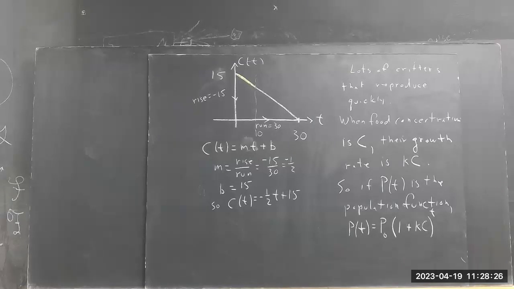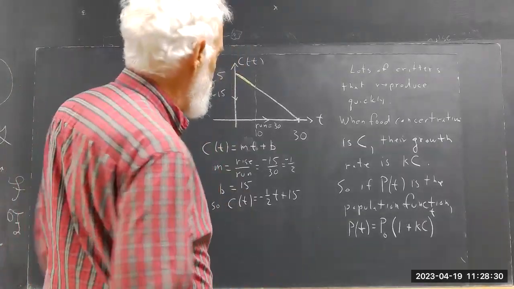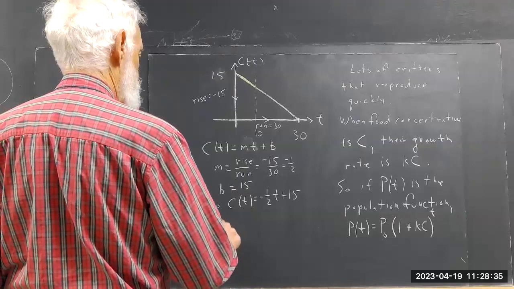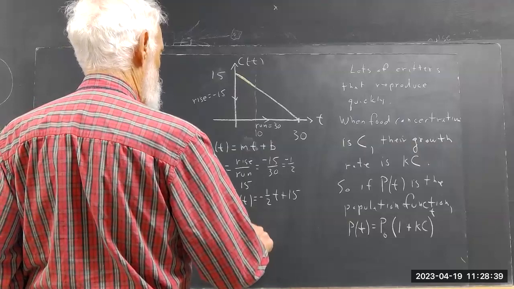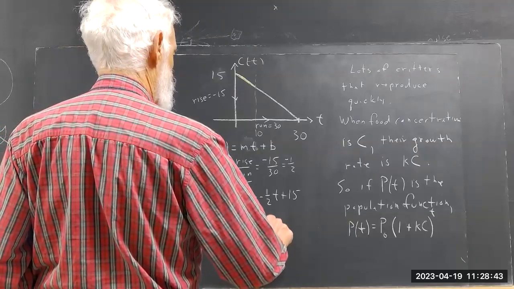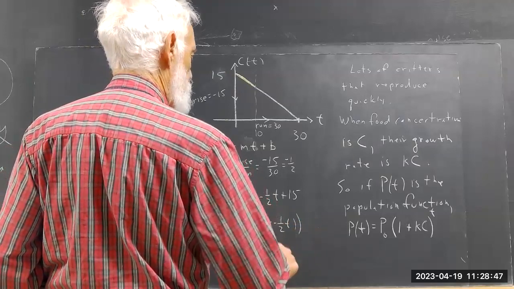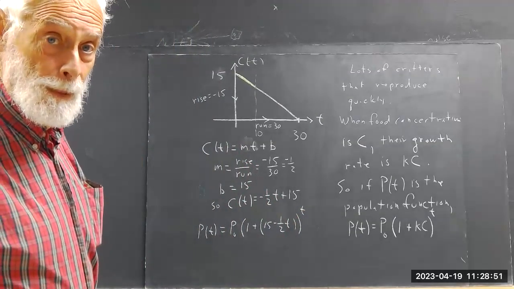I can't fix the notational problem, but I can say that we can now write P of T is P naught times 1 plus 15 minus 1/2 T, raised to the T power.